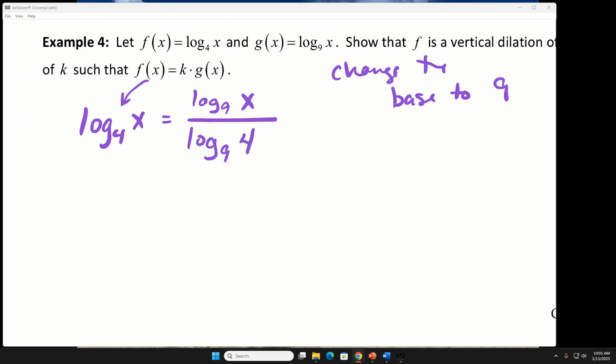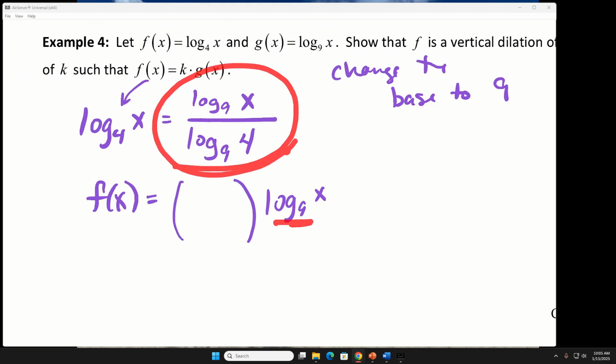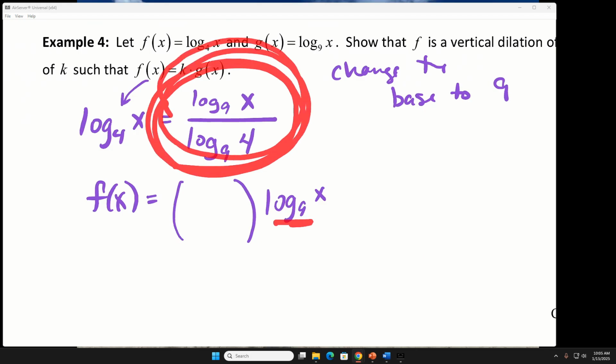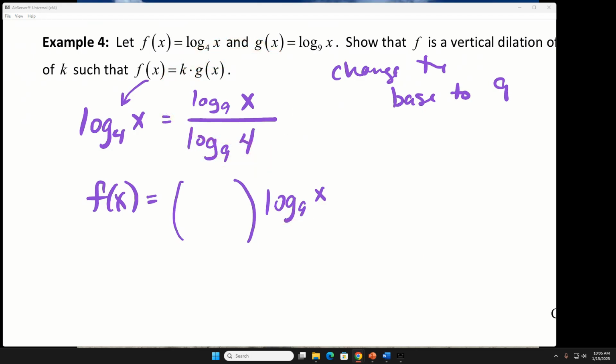All right, and so we want to change this. So f of x is equal to some constant times g of x, which is log base 9 of x. So what would you multiply this by to get this whole thing? Nobody figured this out in my last class.